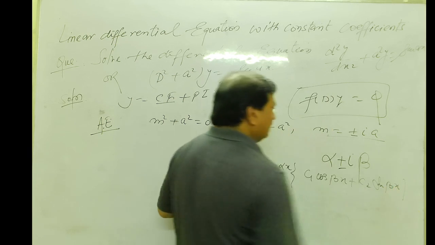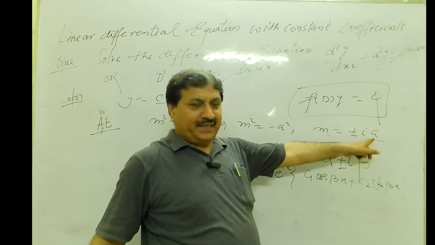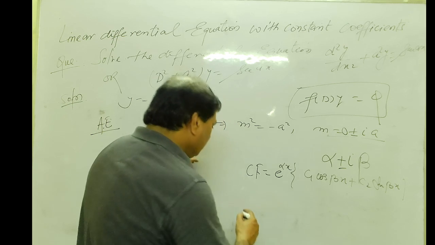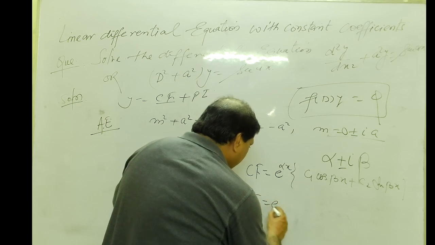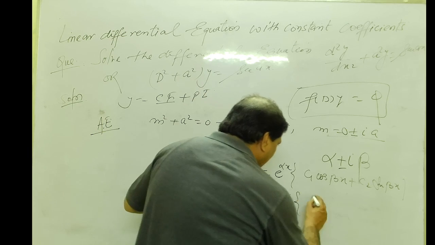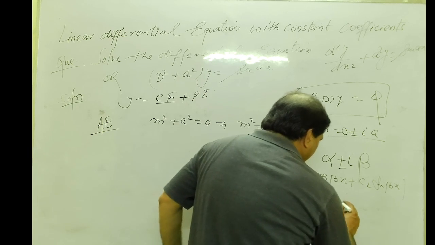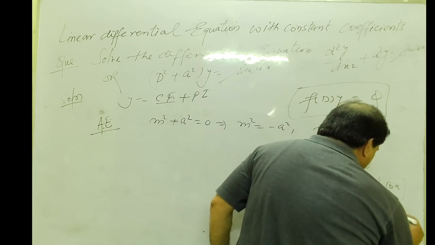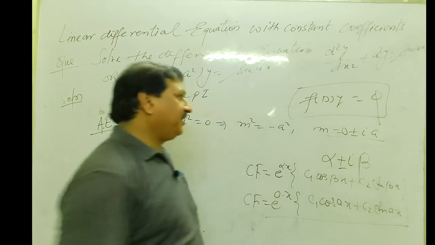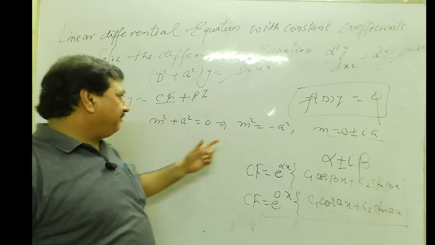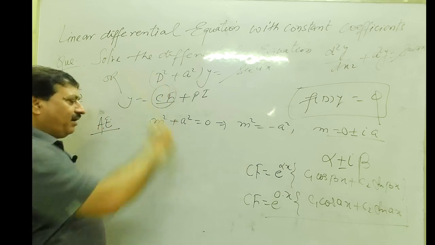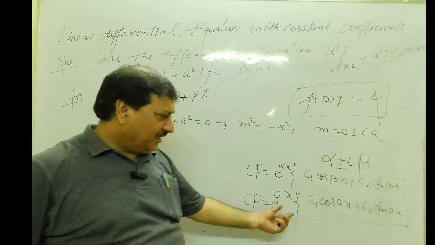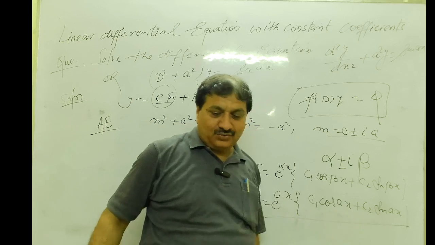But here beta is replaced by a and alpha equals 0. So CF equals e power 0 into x (C1 cos ax plus C2 sin ax). This is the final answer for CF of this question. e power 0 into x is the value 1, so C1 cos ax plus C2 sin ax.